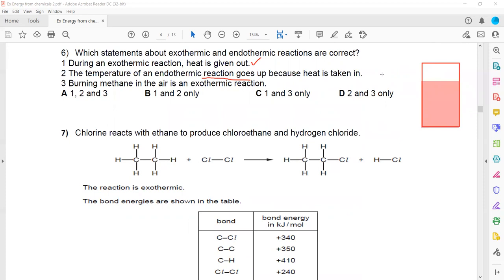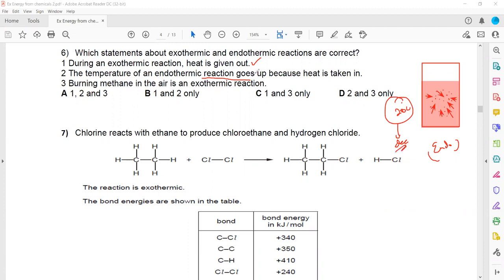If you have a solution or water and there are particles inside the water which are reacting, say initially the water is at a temperature of 20 degrees and the reaction is endothermic, the particles will take in energy. From where do the particles take energy? The particles take energy from the water. So when the particles take energy from the water, the temperature will decrease.